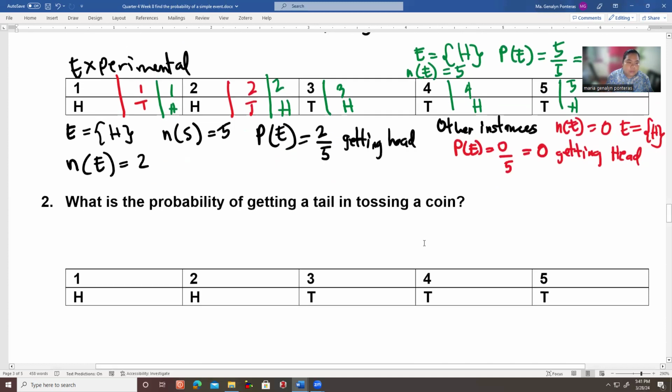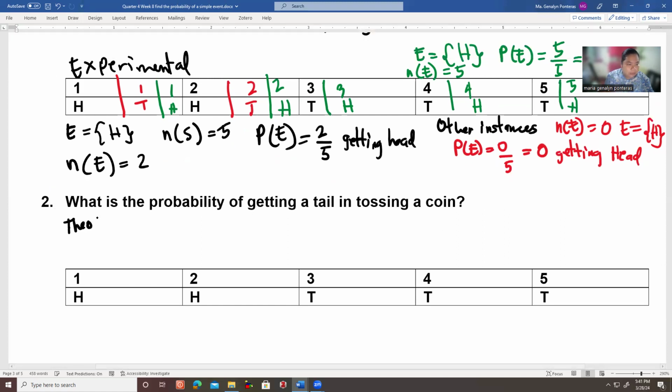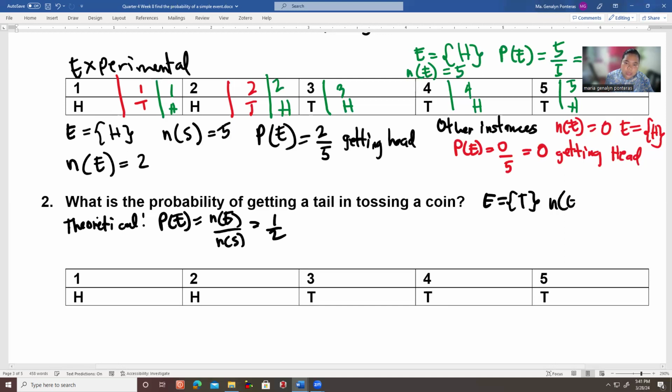Now, let's have the theoretical probability for the second example. For theoretical, you have P of E, N of E over cardinality of sample space. Your event here is tail, cardinality is 1, so sample space again is 2, head and tail. So 1/2.